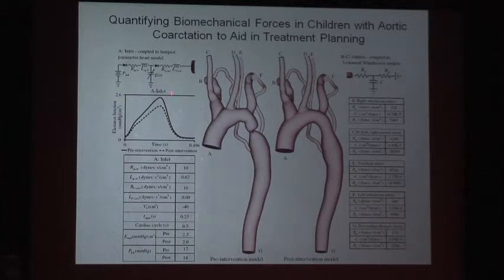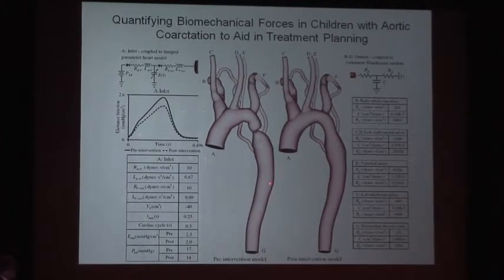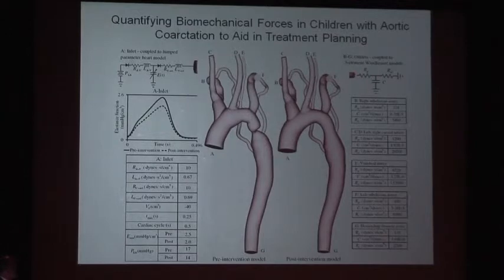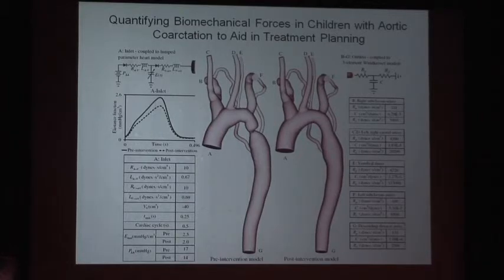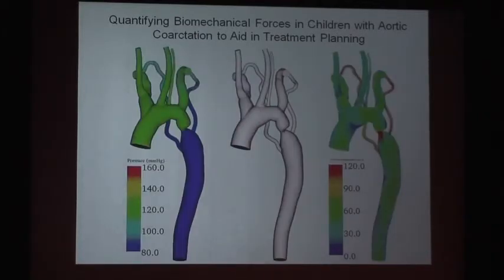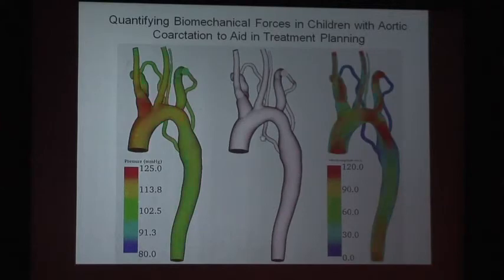Through the coupling of the heart model and the 3D domain, we get the flow and pressure in the vascular model, and then the pressure is also set by the level of downstream resistances and compliance. So it's a very different approach. In this case, what we're doing is the simulation pre-intervention, the pressure, wall dynamics, and velocity field, and then this is post-intervention.